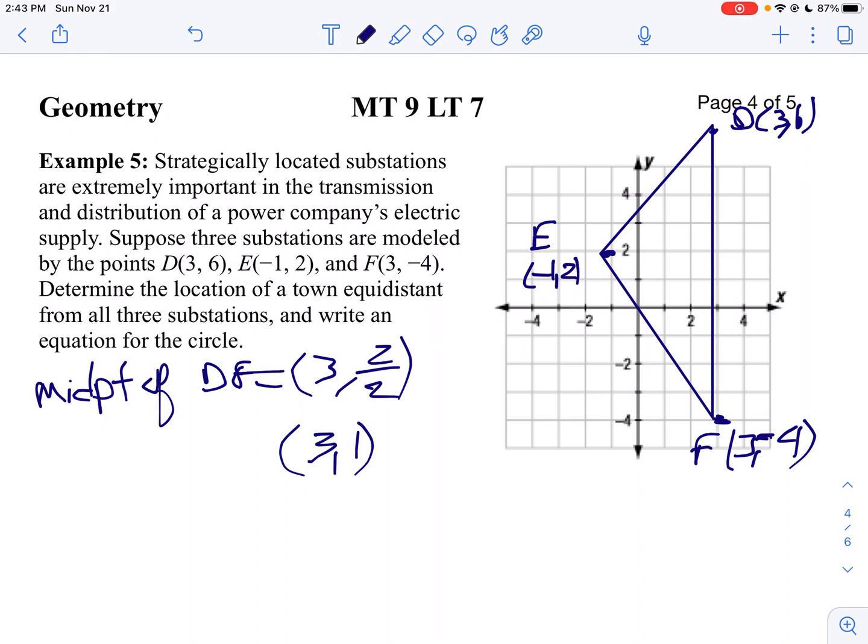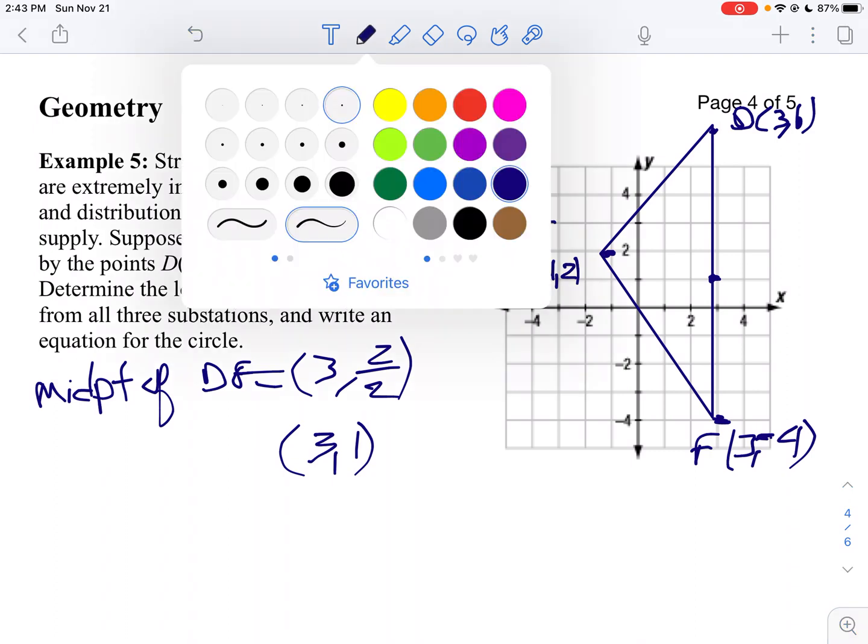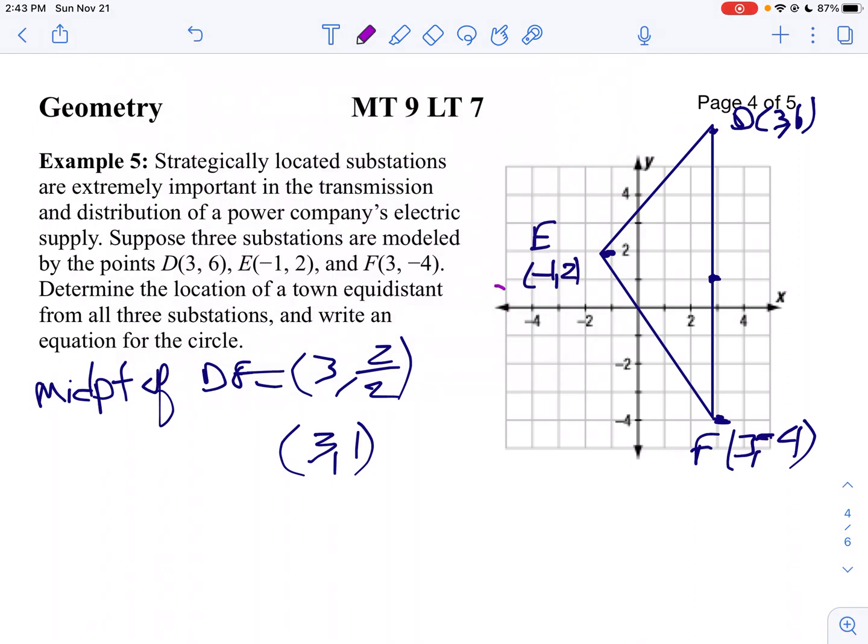So I'm going to go over 3 and up 1, and I'm going to draw in my diameter. Now, I don't know where that diameter goes through, but I do know it's a nice horizontal line. And I'm going to fix that just a tad bit here because it's not quite where I want it to be. There we go. So I know the equation of my diameter is y equals 1.